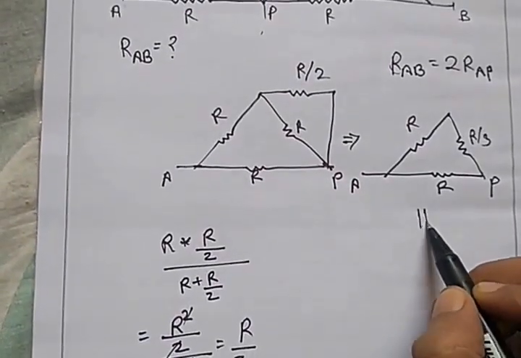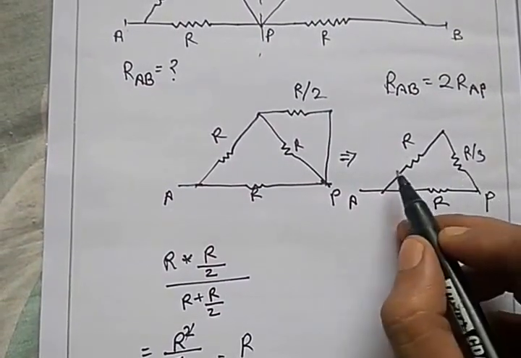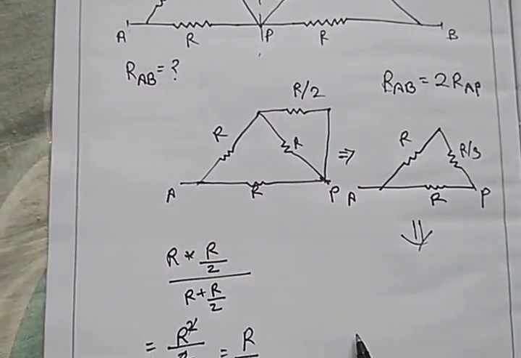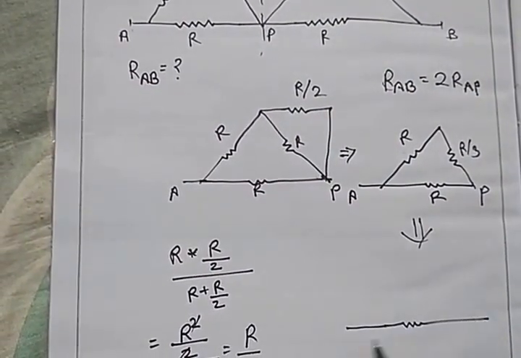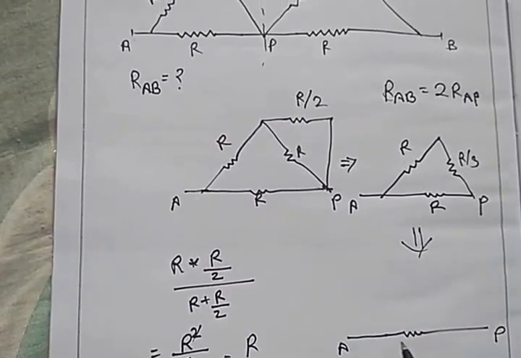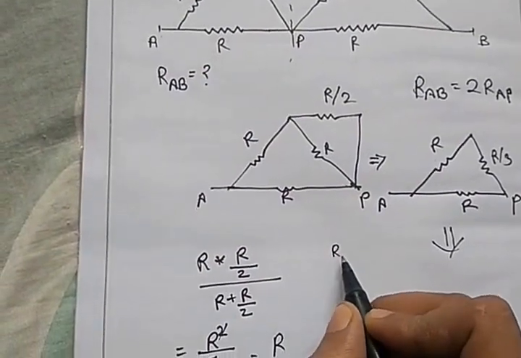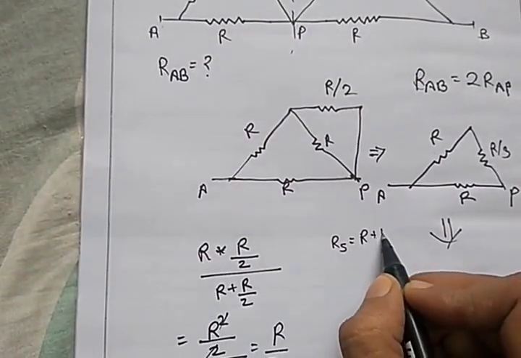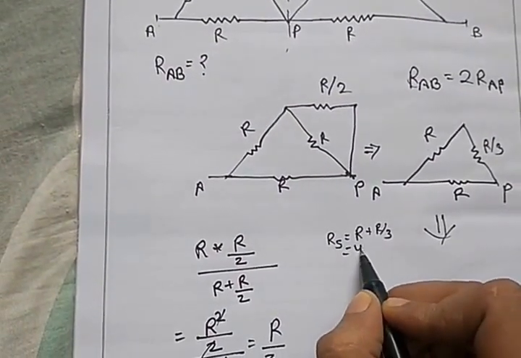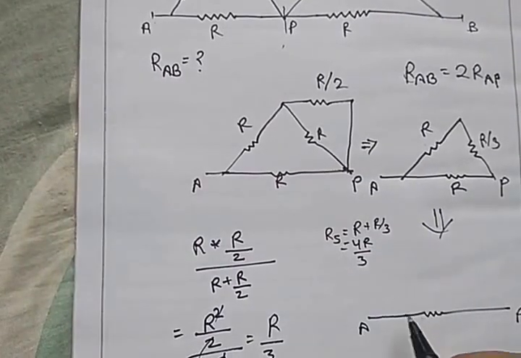Now you can see these two portions are in series. So now we have to find the resistance between AP, and since these two resistances are in series, RS equals R plus R by 3, that is 4R by 3.